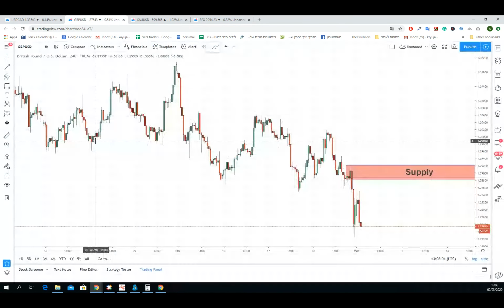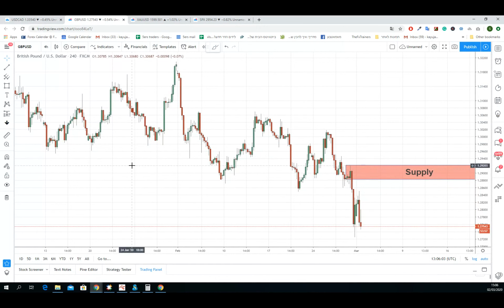The next asset I chose is the GBPUSD, the Great British Pound and the US dollar. And as you can see in the 4-hour chart time frame, the supply above seems like a great level for a sell position, which is the last supply that the price created.